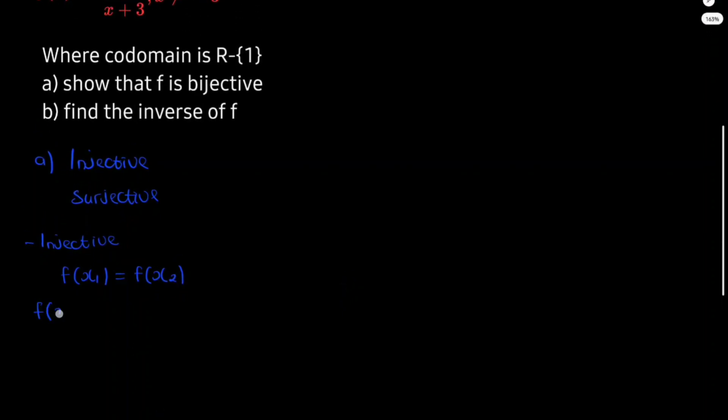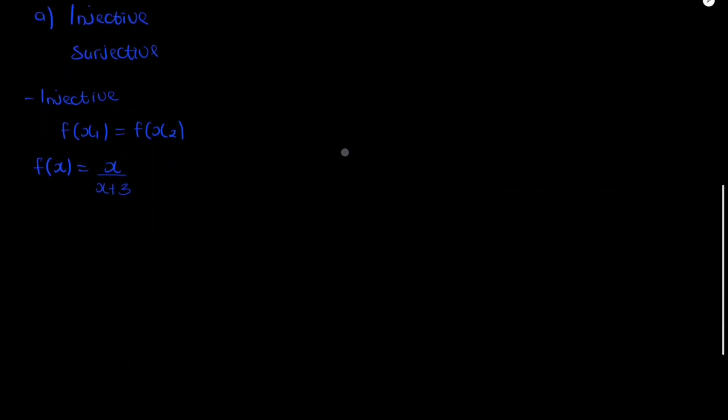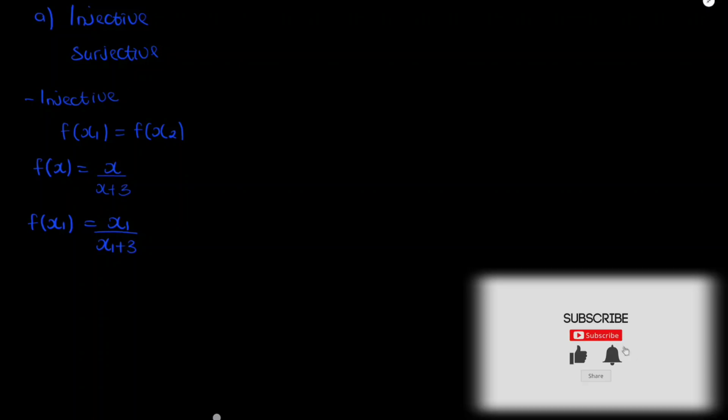So let's start. We have been given our f of x as x on x plus 3. So our f of x1 will simply be x1 on x1 plus 3. So here we are substituting x1 for x in our f of x function.